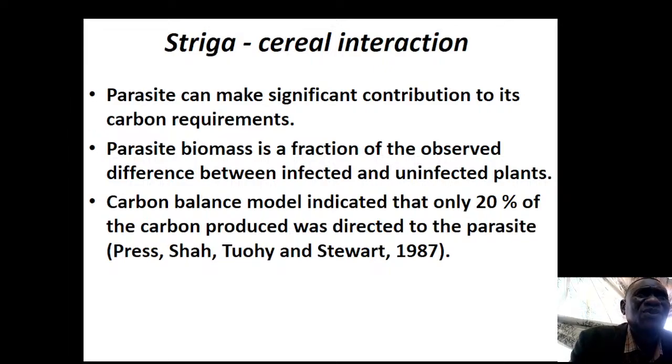But for striga cereal interaction, the parasite can make a significant contribution to its carbon requirements because it can photosynthesize.